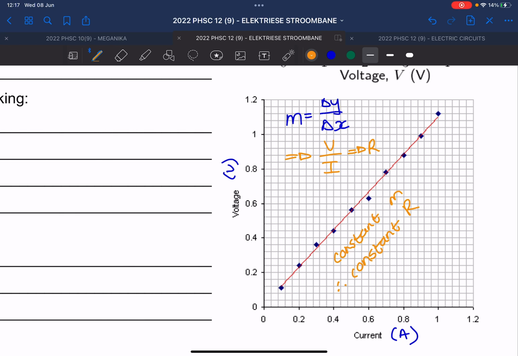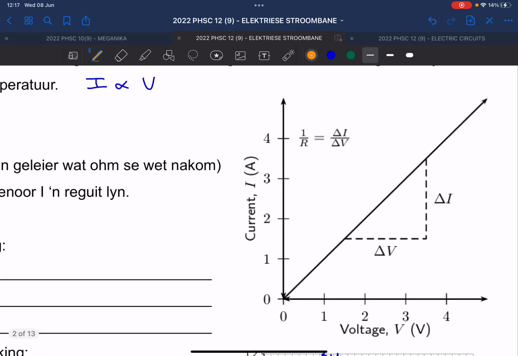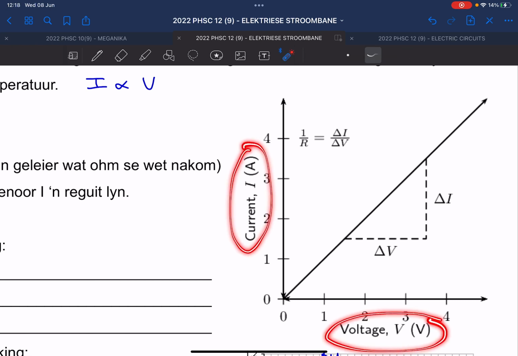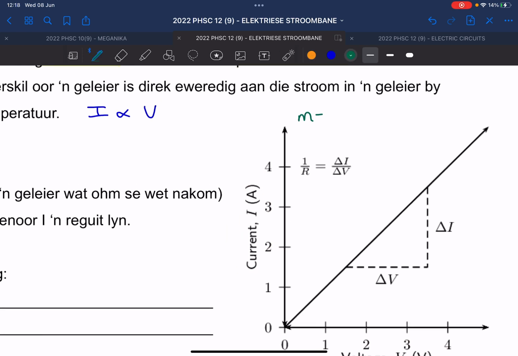Okay, dan as ons kyk na die grafiek hierbo, and the graph at the top is the one that more or less you would have done in your practical. Okay, 'n stroom teenoor potentiaalverskil. So again, if you ask yourself, what does the gradient tell me?